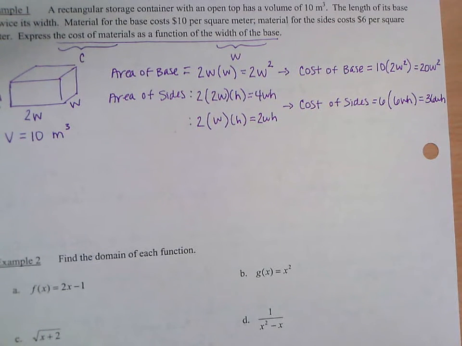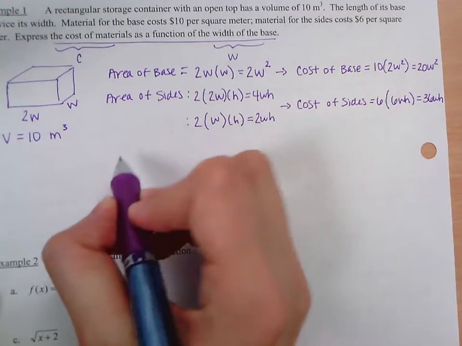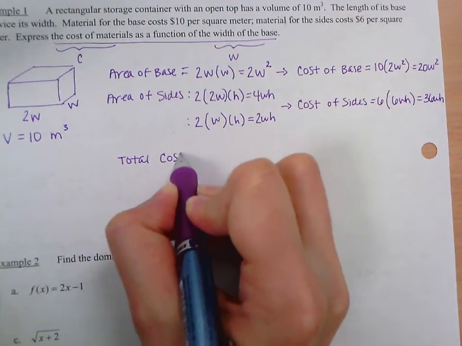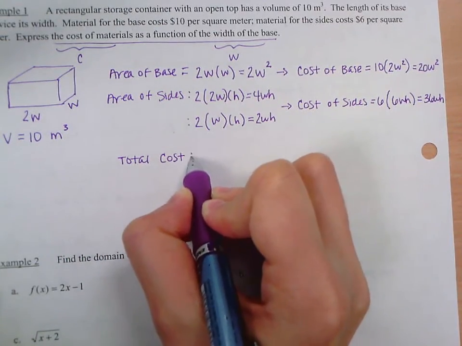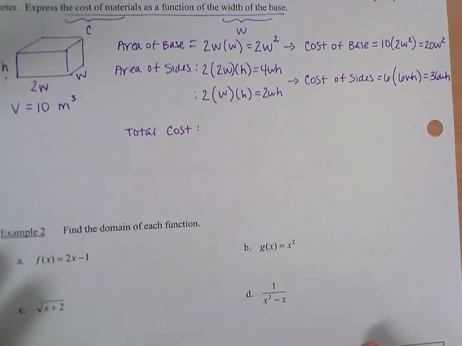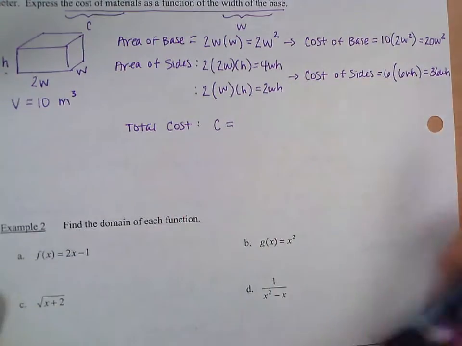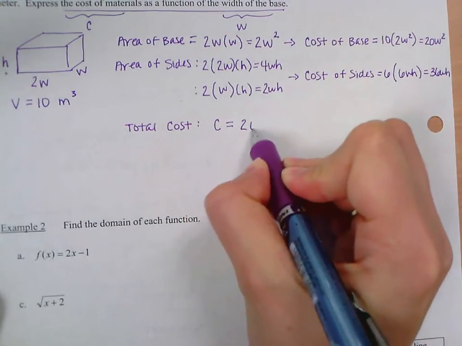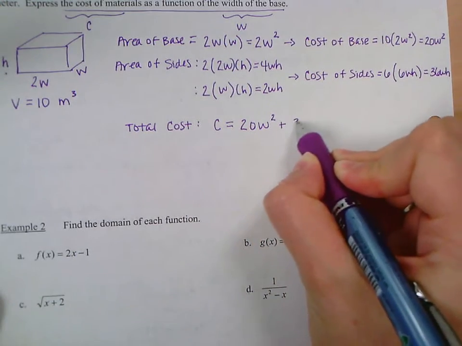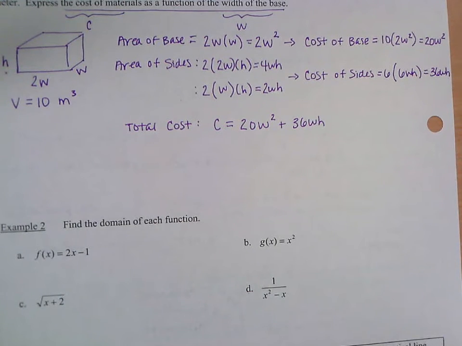Okay, and that means I can write an equation for the total cost. Since that is my goal anyway, I'm trying to get a cost function. So right now, this is what my total cost looks like. I'm going to call that C. C is equal to 20W squared, the cost of the base, plus 36WH, the cost of the sides.